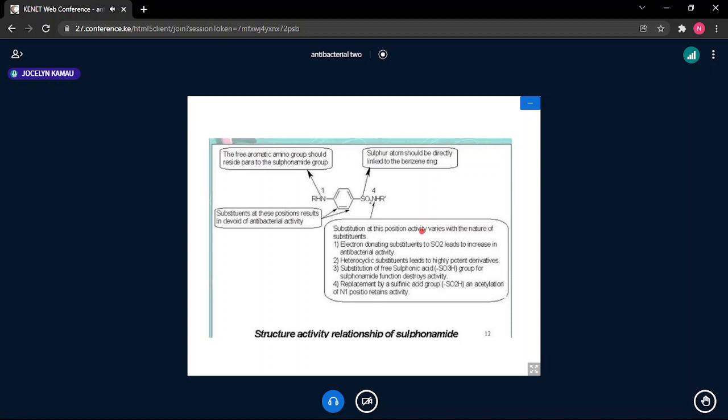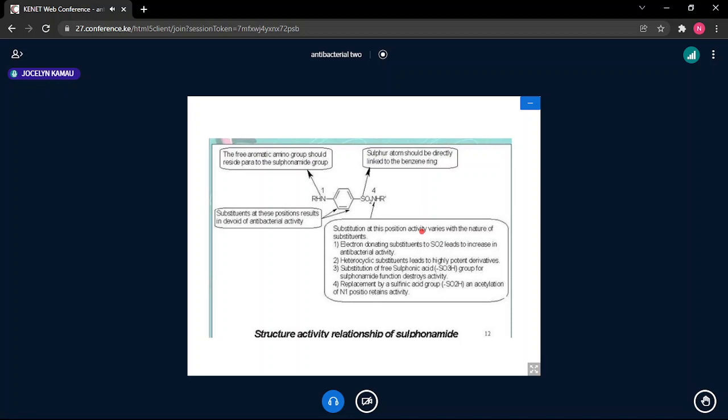For those sulfonamides that are poorly ionized, when they get into the urinary tubules or into the nephrons, because of their poor water solubility, because of their low ionization, they will be precipitated.